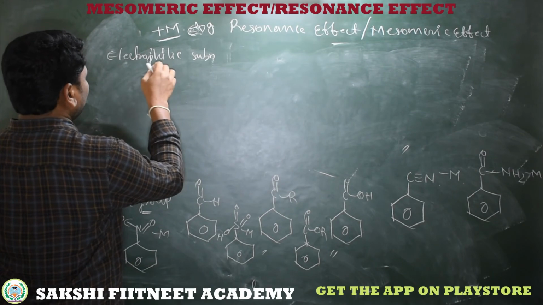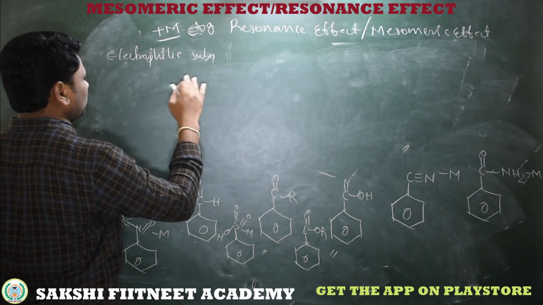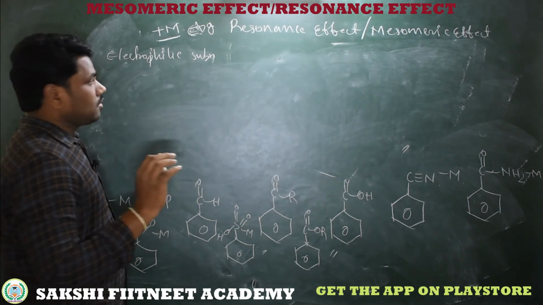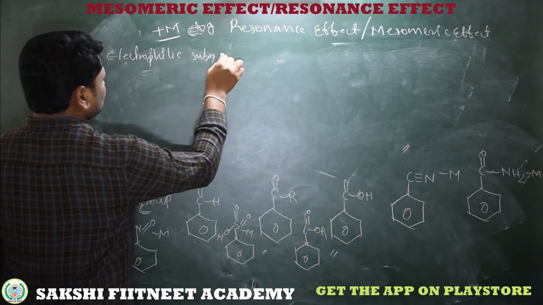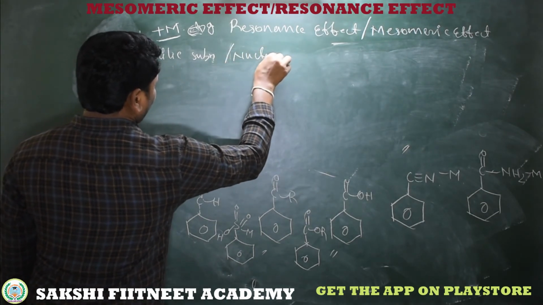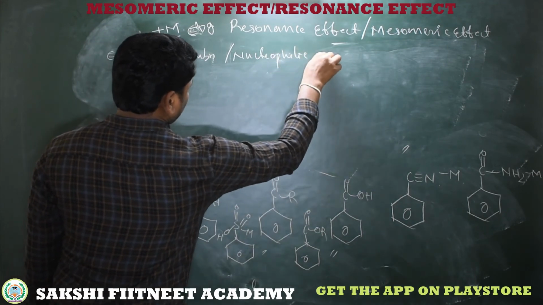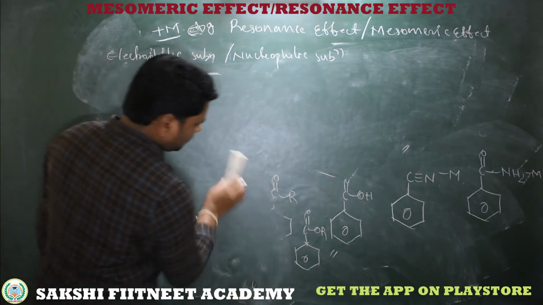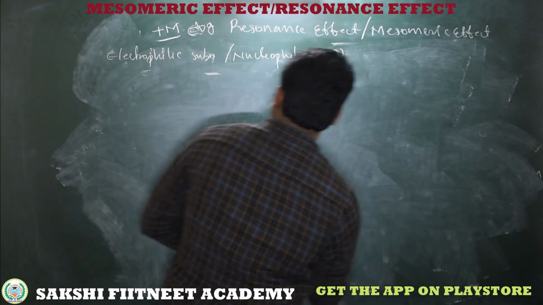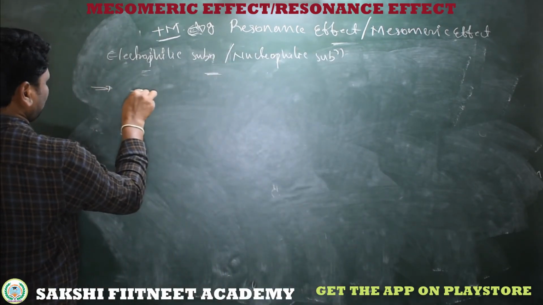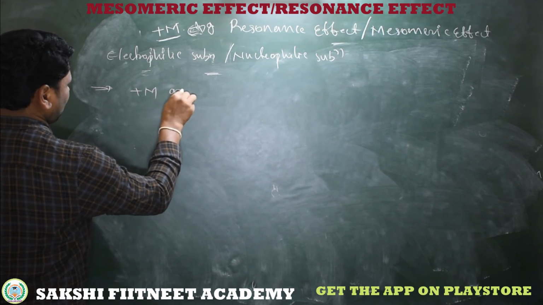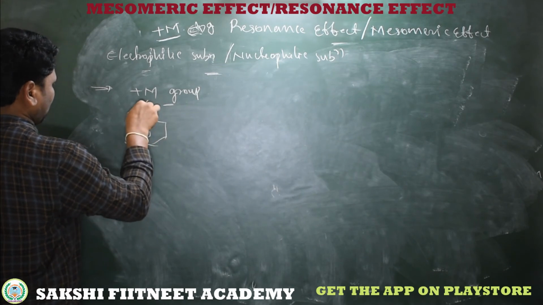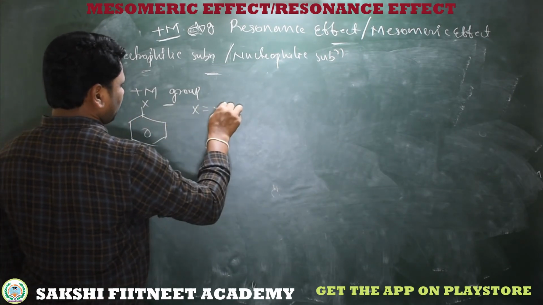So now here, a plus M group directs the electrophile towards ortho and para, and a minus M group directs the electrophile towards meta. That is what we are going to discuss here, electrophilic substitution and nucleophilic substitution. I am taking first the presence of a plus M group. Here I am taking a compound with X, so assume X is a plus M group.